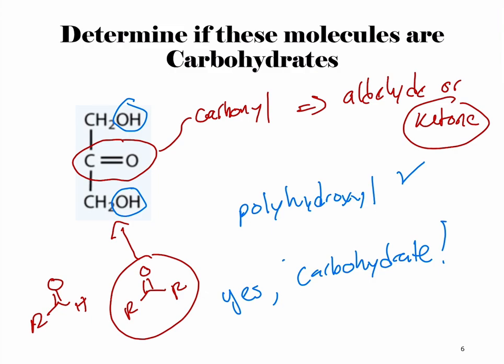Right, and one thing to notice here, because we had one aldehyde carbohydrate and this is a ketone carbohydrate, is that the ketone carbohydrates have that extra CH2OH going up, and aldehydes only have the H going up. So whenever you see an extra CH2OH group, that means you're going to have a ketone carbohydrate, and we'll talk about how those are classified.